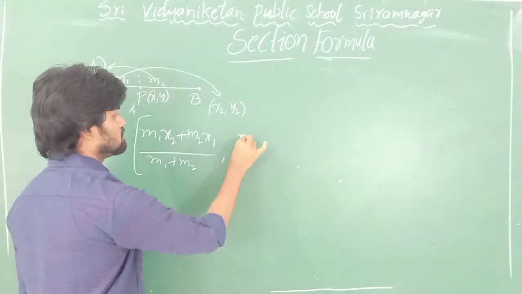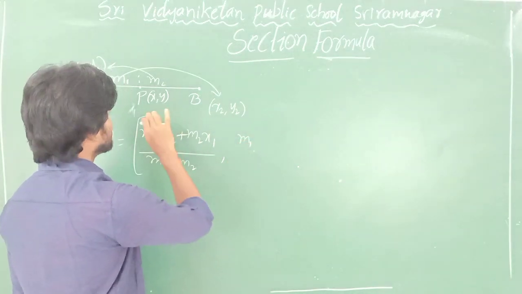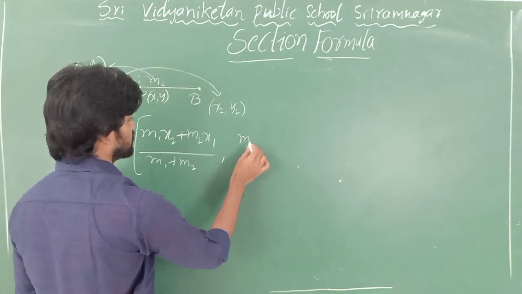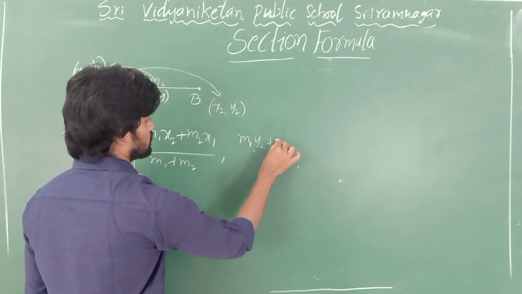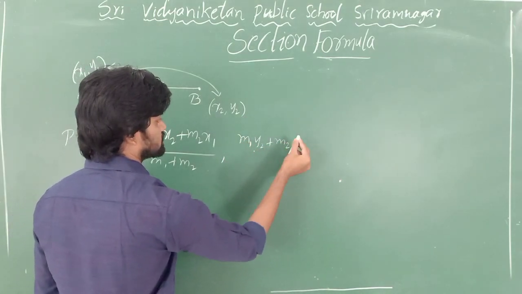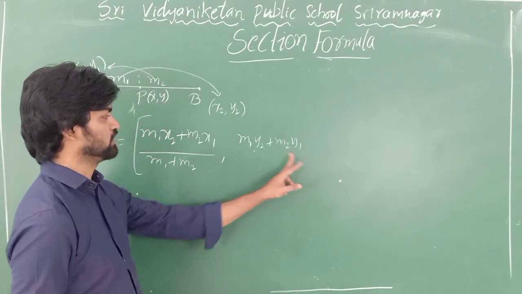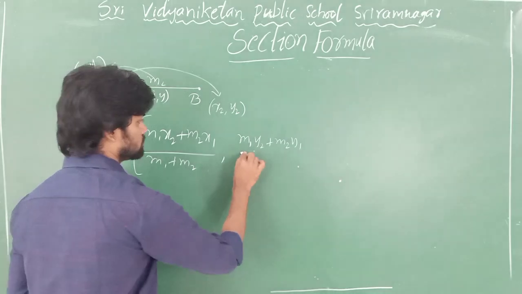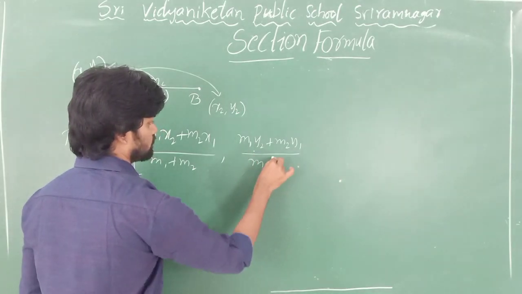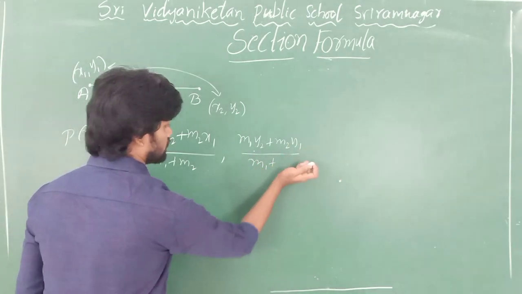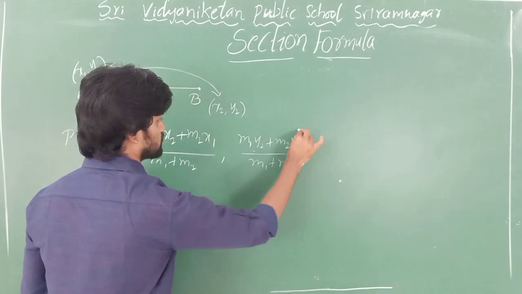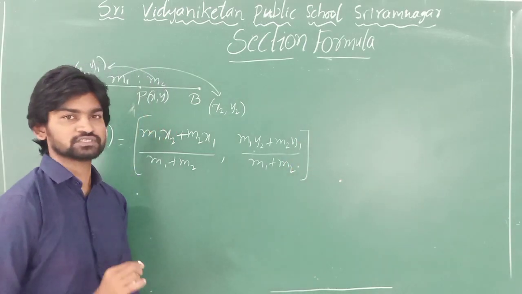Next, same way, M1 y2 plus M2 y1, or you can write M2 y1 plus M1 y2, divided by M1 plus M2. This is your section formula.